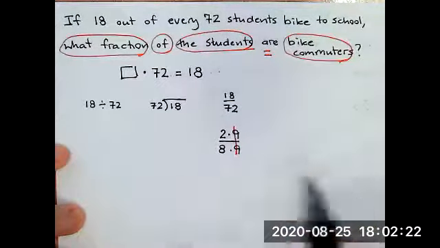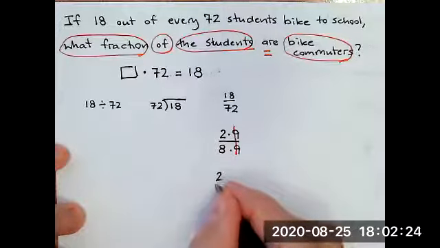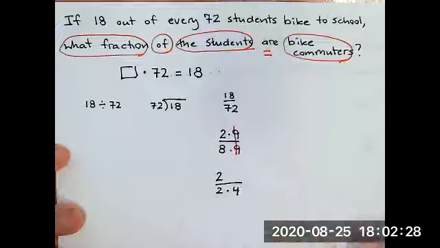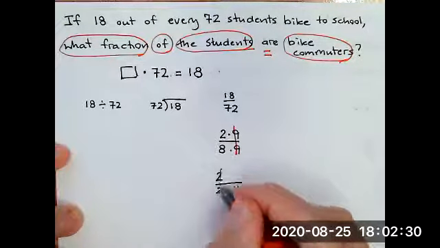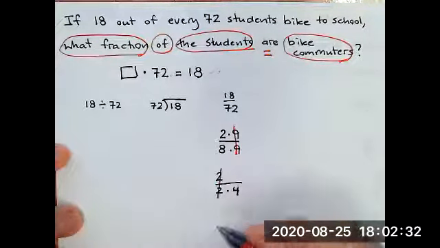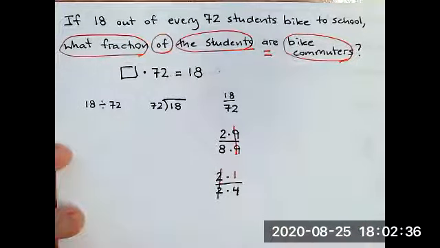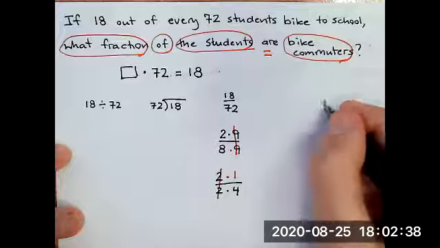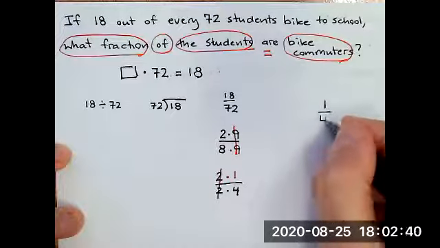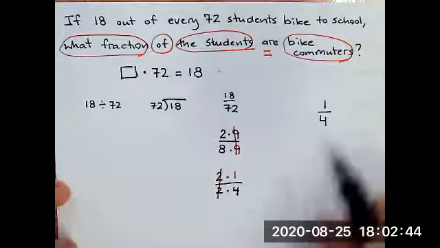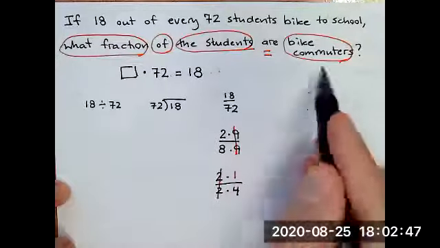We'll keep reducing. Remember, if everything cancels in the numerator, you can write in a times 1 to help you remember that you keep a 1 in the numerator. So 1 out of every 4 students is a bike commuter.